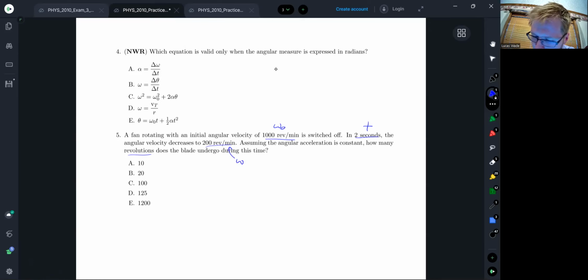And then what does this part tell us? Assuming the angular acceleration is constant. That's not changing, but what does that mean applies here? Using the kinematic equations. Yes.